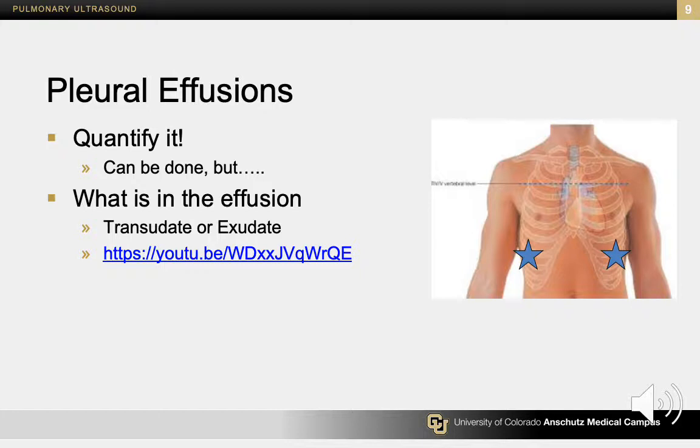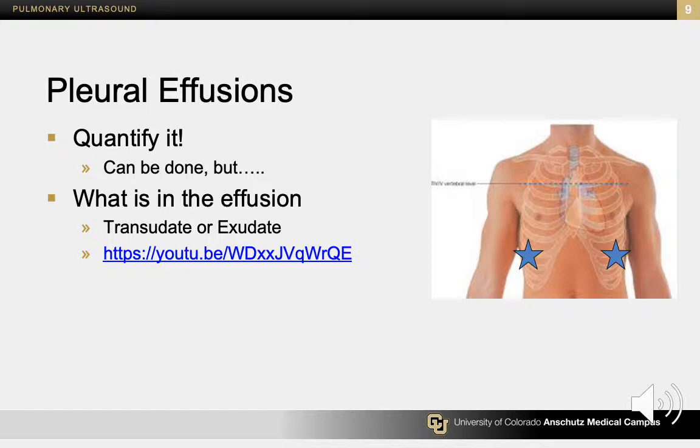So for the scope of our sessions, I'd like to primarily focus our time on identifying pleural effusions that are big or not big. And when I say big, I mean large enough to have an effect on the patient's respiratory status.